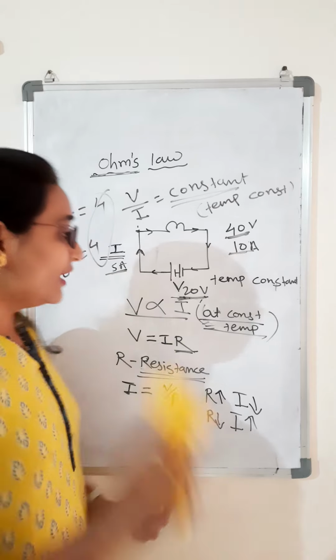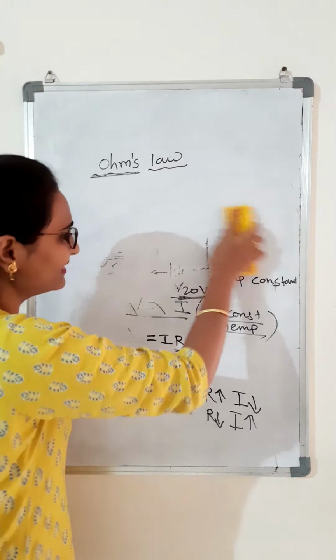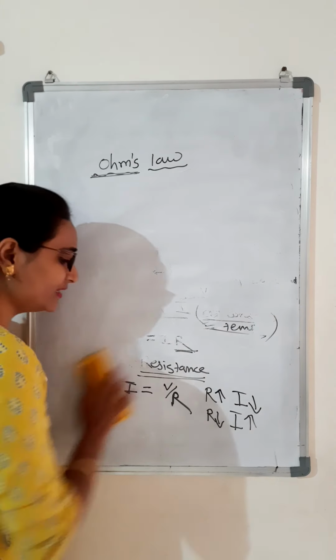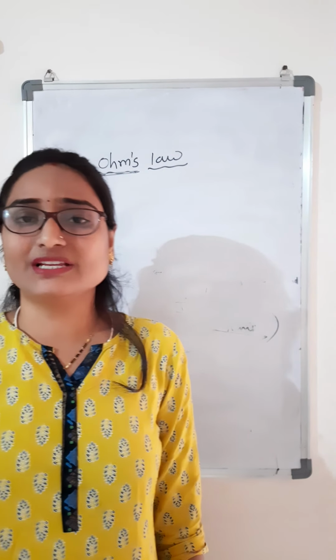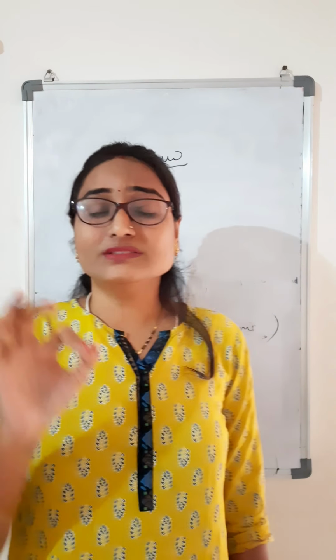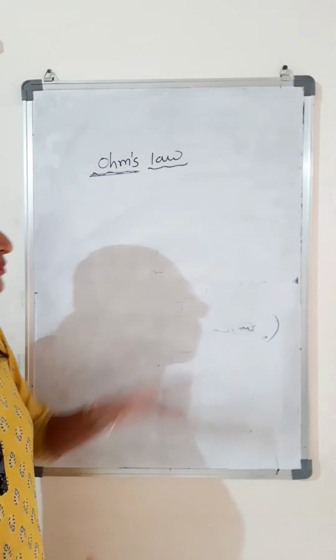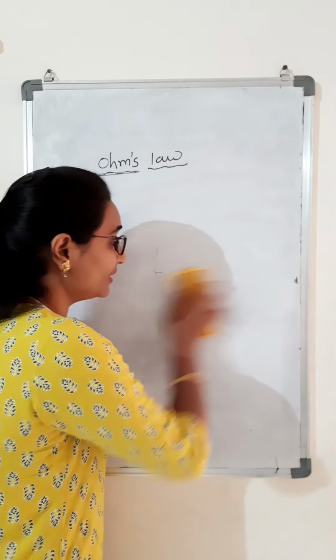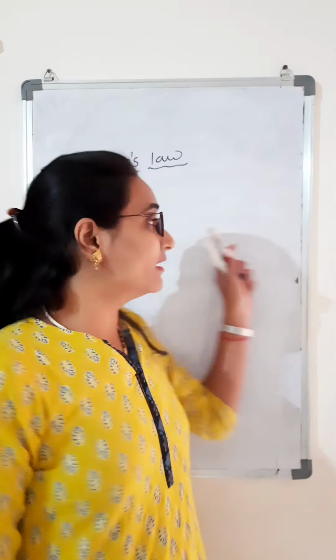And now we have to see, is Ohm's law applicable for all the elements or all the matter available in our nature? No, it is not a universal law. Ohm's law is followed by the metals, because all the metals are good conductors of electricity. So Ohm's law is obeyed only by the ohmic conductor.